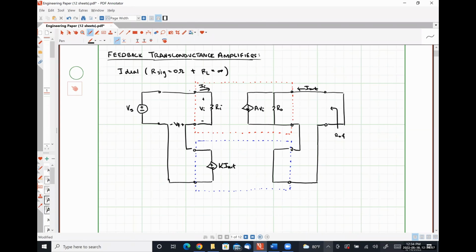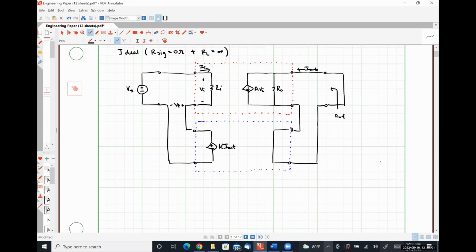All right, so by inspection, we can see that I out is equal to simply A times VI.